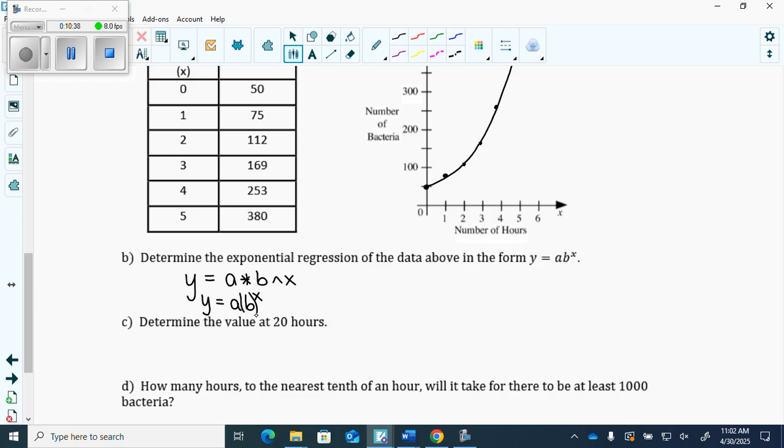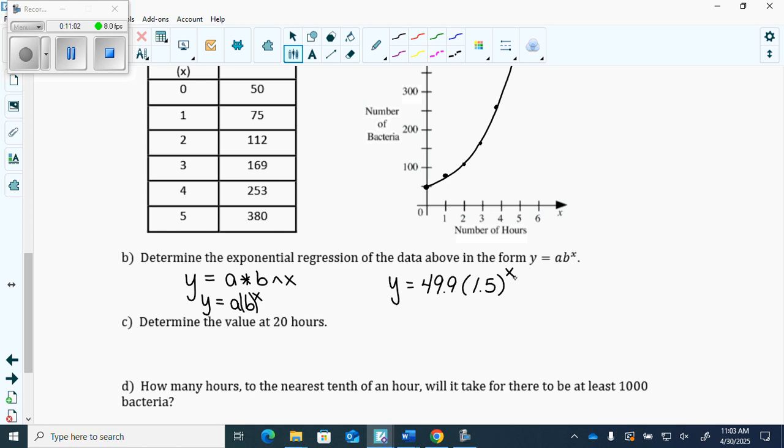So if we want to write it in that form, say to the nearest tenth, I'm going to get y equals 49.9 times 1.5 to the x.